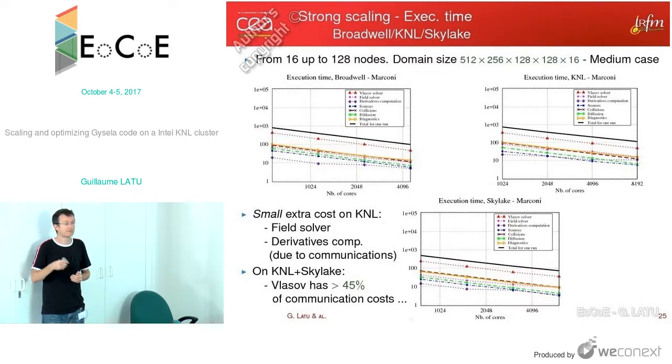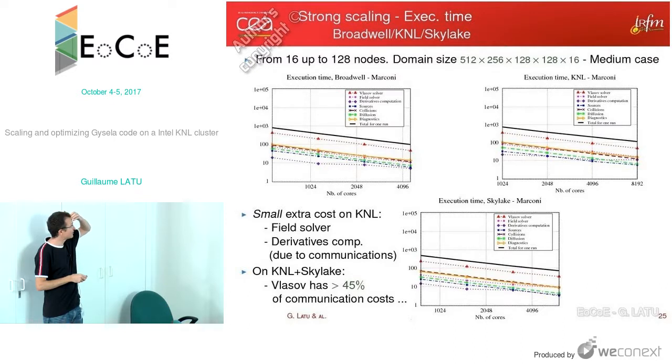If, let's say in the middle of the process of optimizing, I had the collision and the source very high here near the Vlasov solver, I know that there is much effort to put on this place because they are not at the right place. Okay, at the end, it's okay.